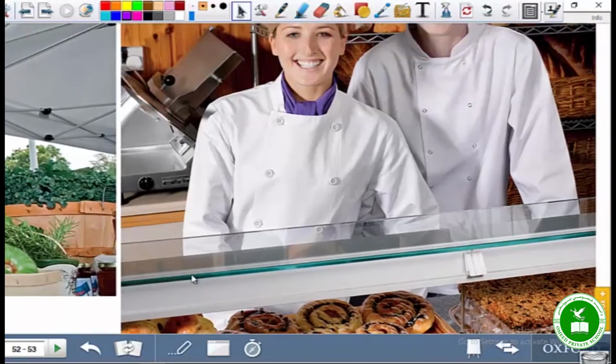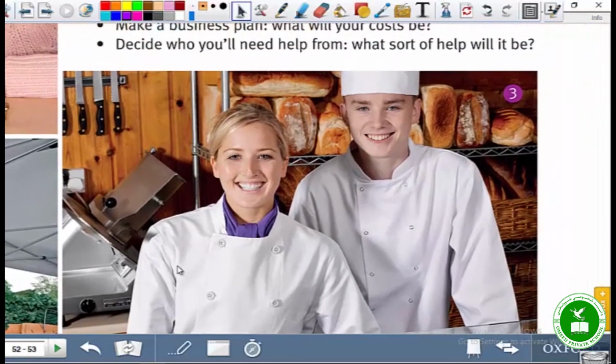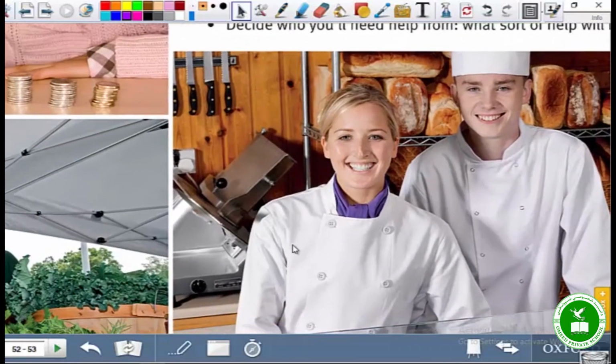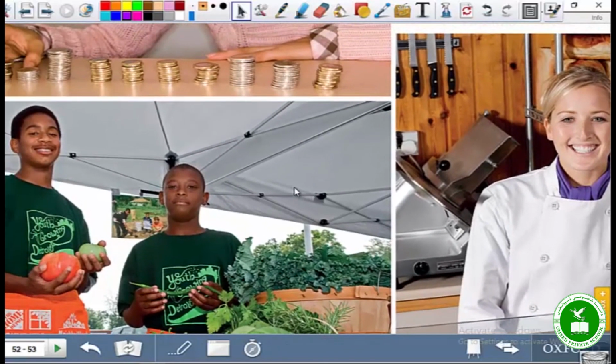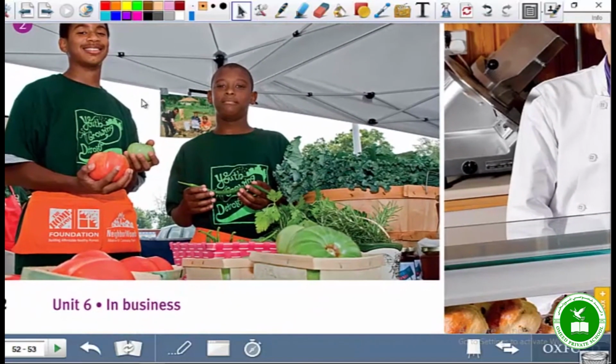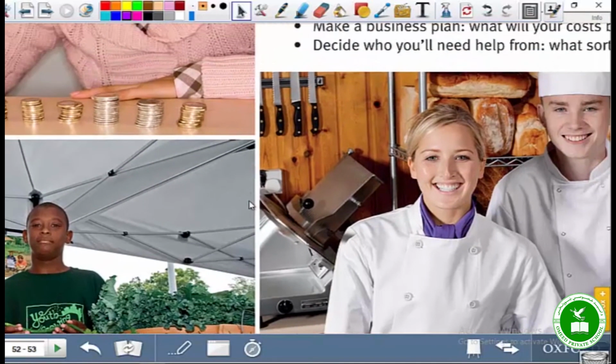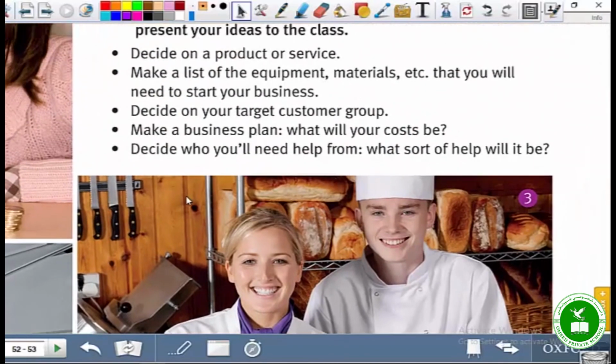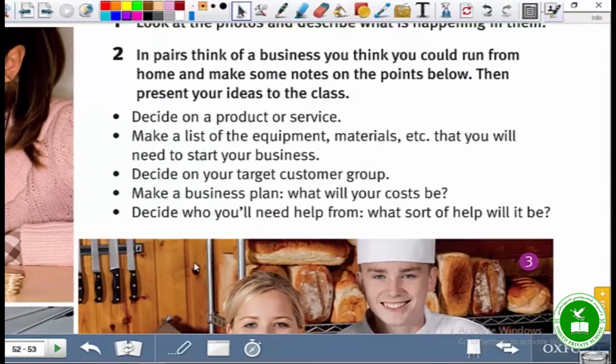I think they want to make sandwiches. Yes, they want to make sandwiches. And in this picture, they have some vegetables in their hands. Maybe they are buying and selling fruits and vegetables. Maybe they are making their own businesses. Yes, they are making their own business.